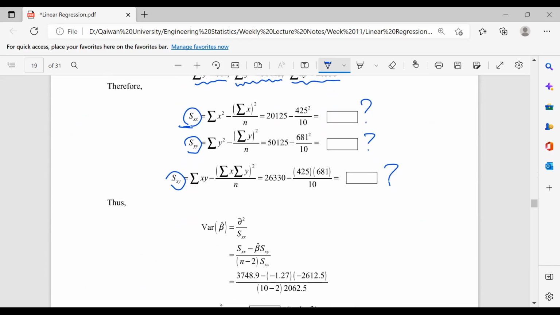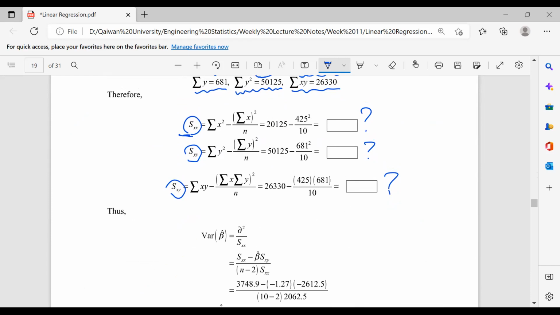Look, s sub xx equals 3,748.9. This is s sub xx.